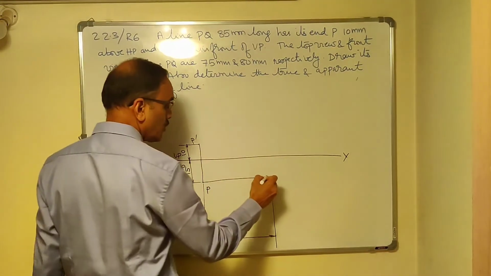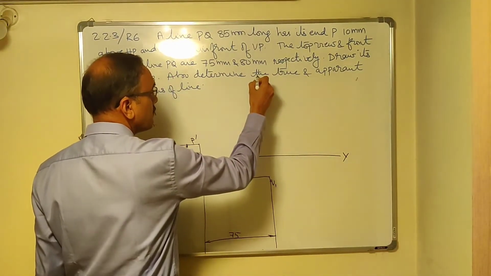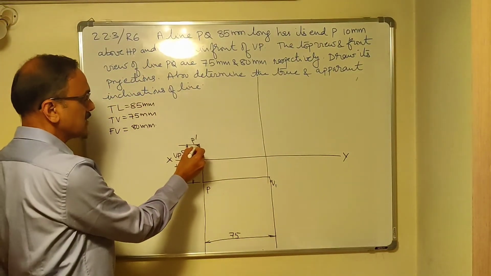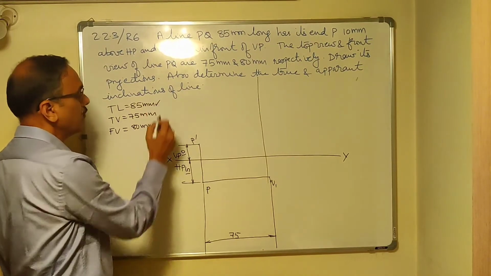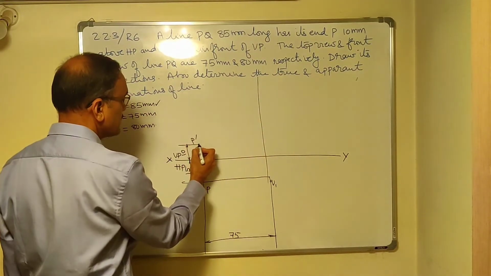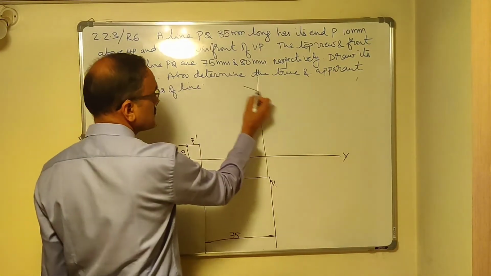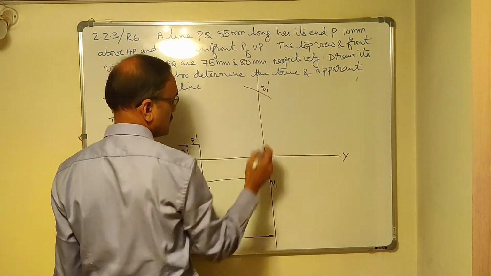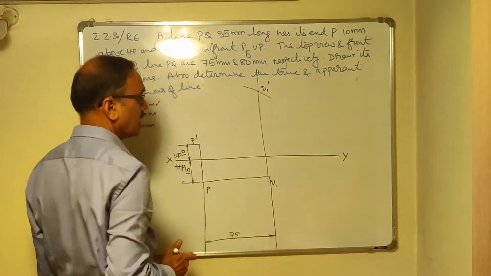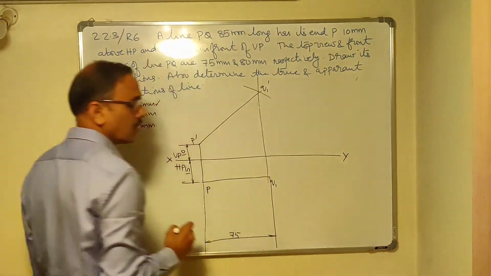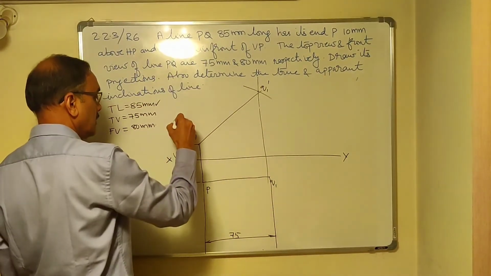So I am going to draw a projector from Q1. Now take P dash as center and 85 mm as radius. Cut this using a compass. That becomes Q1 dash. This is Q1, its projector should meet Q1 dash. So this is your true length. True length will be drawn using a light line. Let me dimension it.